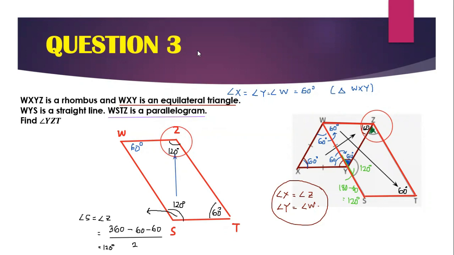So we'll find here that there is ZY, here is Y. Is it correct, everyone? The information is 60 degrees here, right? Yeah, 60 degrees here.